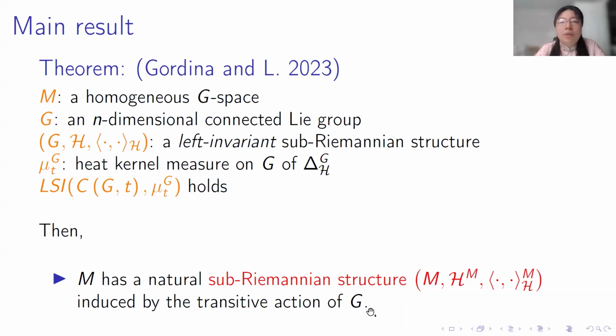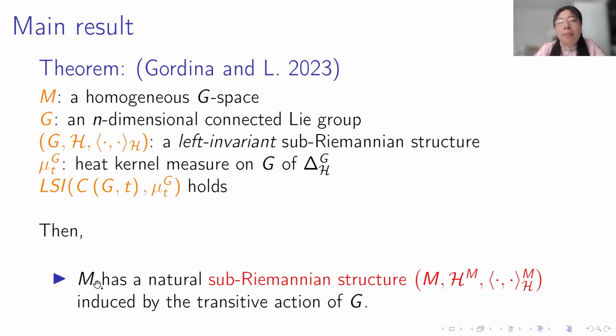So in this case, you can also obtain a hypoelliptic sub-Laplacian, and you can also have the Carnot-Carathéodory distance well defined on this homogeneous space M. And this is all induced by the action of G. However, without further assumption, this metric space M can be very different.